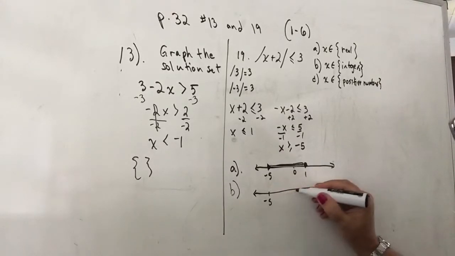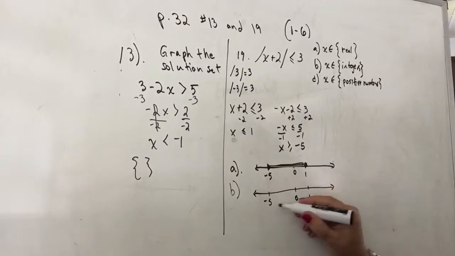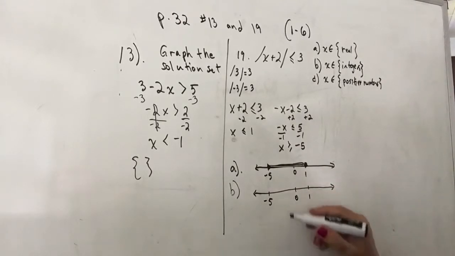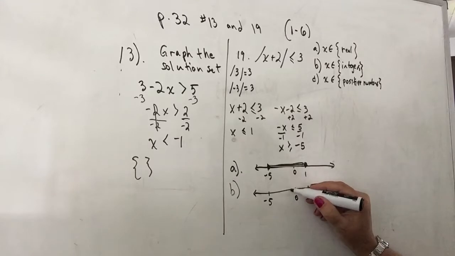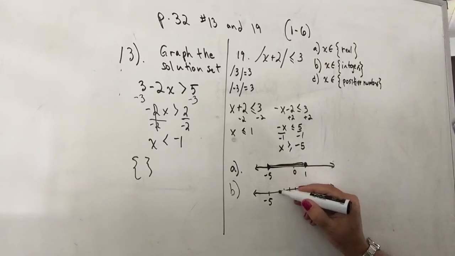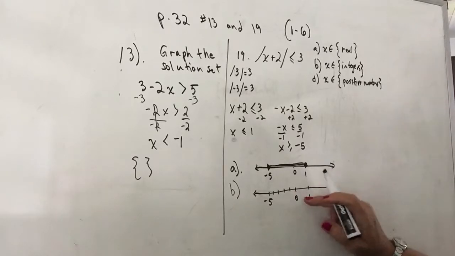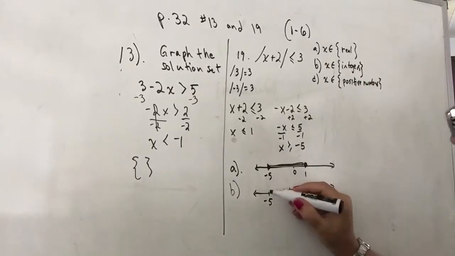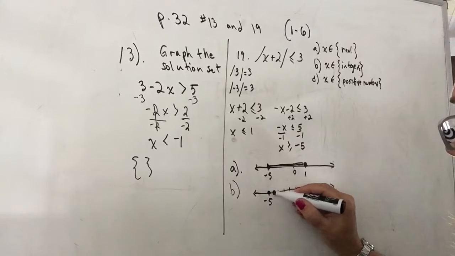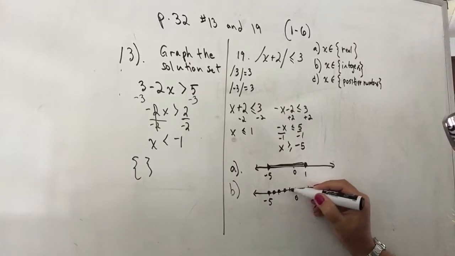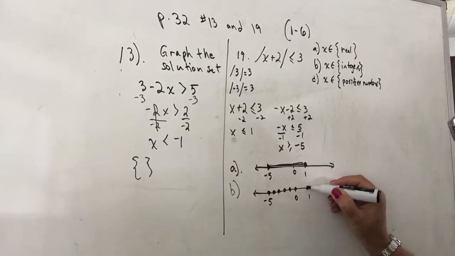So what does that mean? Well, here's negative 5, 0, and 1. So between negative 5 and 0 is negative 1, negative 2, negative 3, and negative 4. And if I'm in the set of integers, then those are in my solution set. So negative 5 is, negative 4 is, negative 3, negative 2, negative 1, 0, and 1.